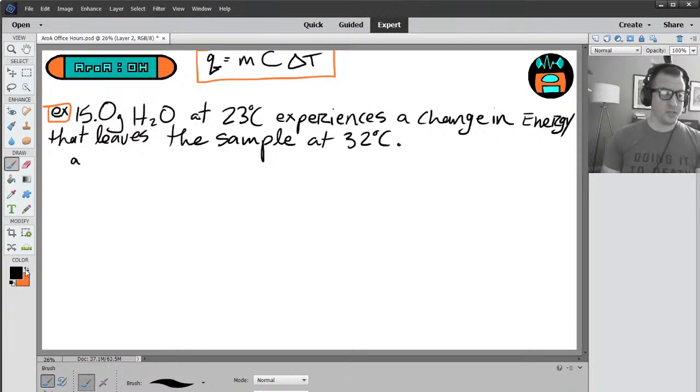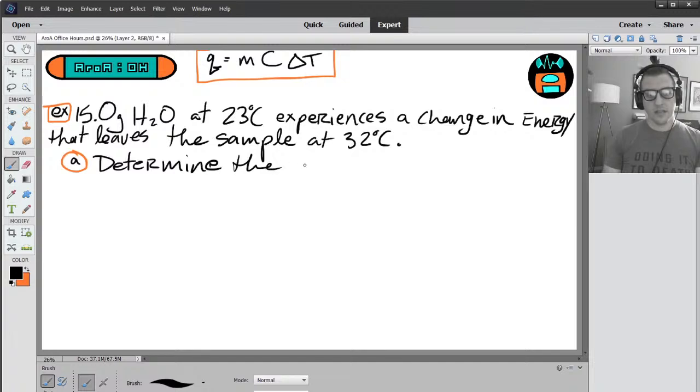So there are 2 parts to this question. Part A is determine the amount of energy gained or lost.